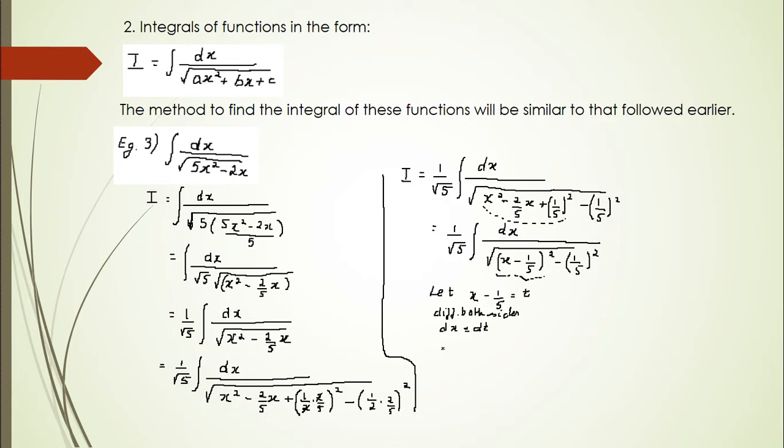Therefore, I is equal to 1 by root 5 integral dt by root of t square minus 1 by 5 whole square.